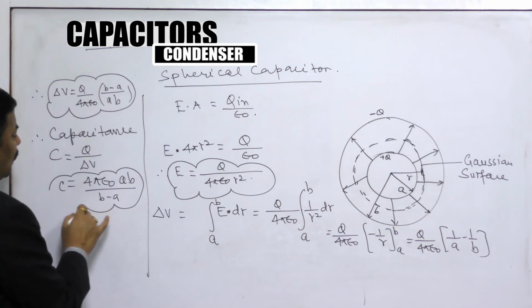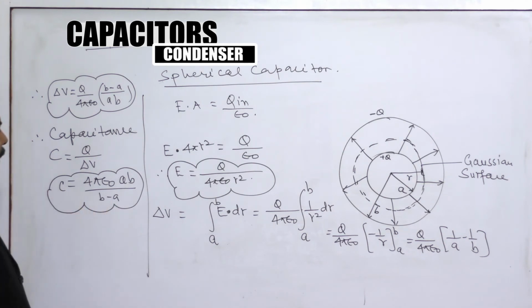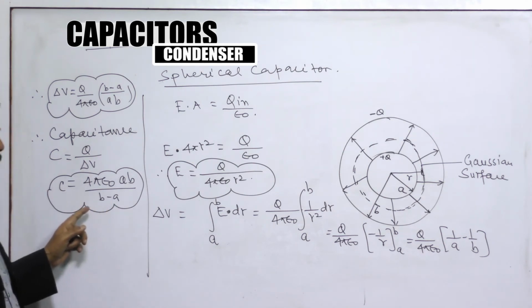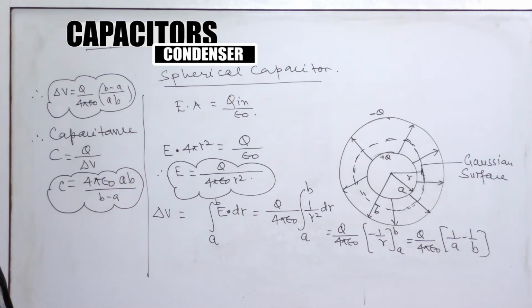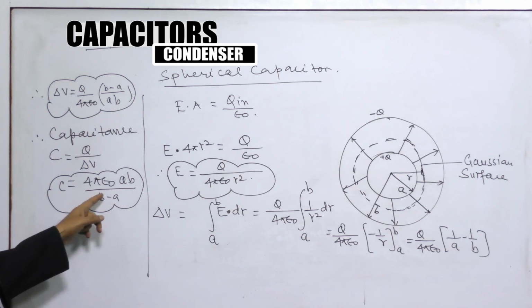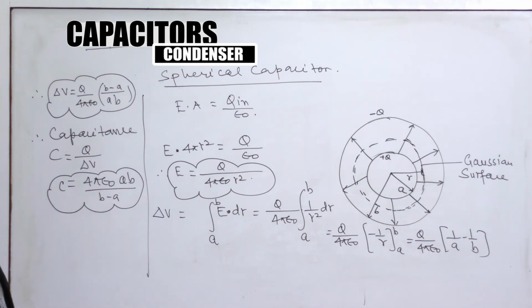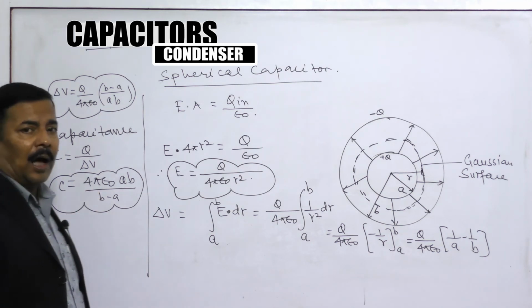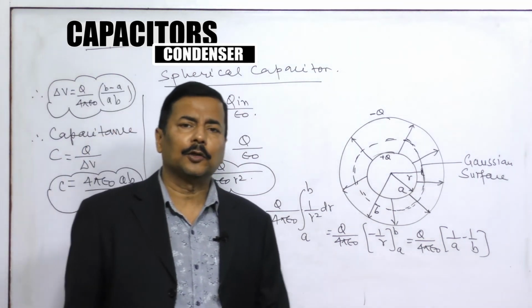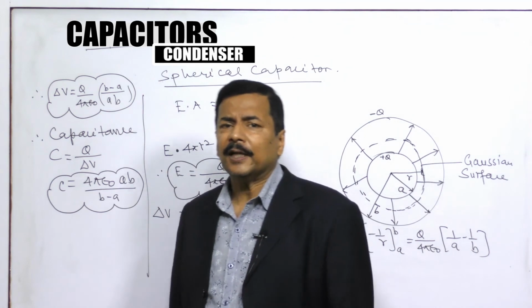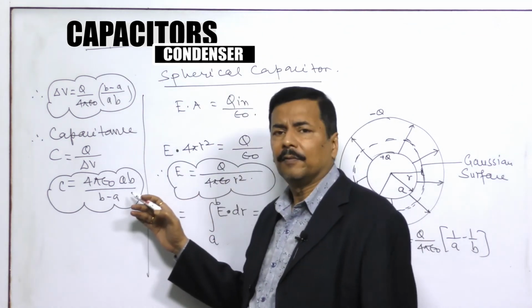This is the expression for the capacitance of a spherical capacitor. After this, I would like to discuss with you two special cases of this formula.